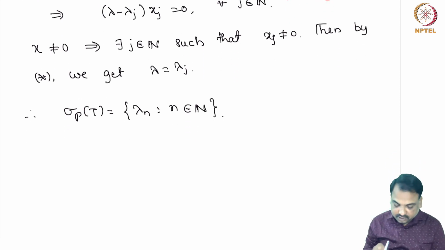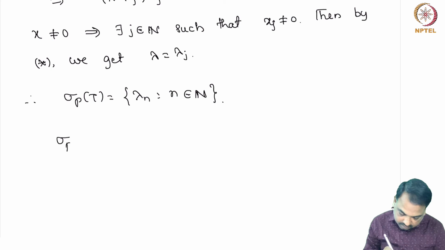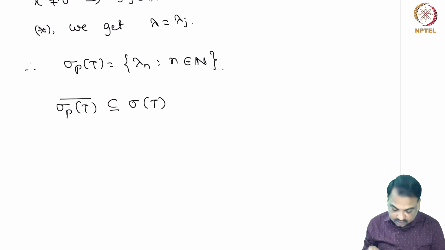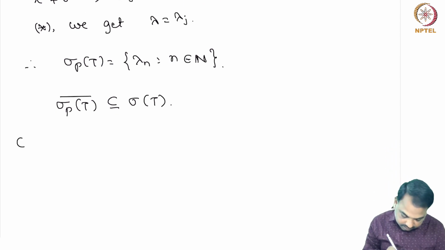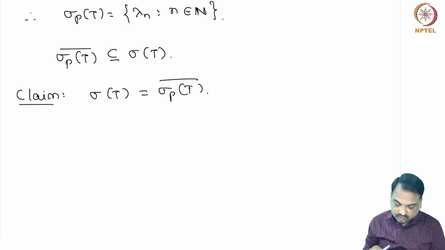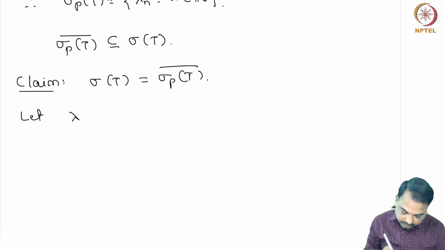Okay. Now the spectrum is closed, so therefore we can say that the closure of the point spectrum of T is also contained in the spectrum of T, because the spectrum is closed. You can take the closure on both sides. Okay, now the claim is the following: the spectrum of T is exactly the closure of the point spectrum of T. Okay, let us take lambda, which is in the spectrum of T but not in the closure of the point spectrum.